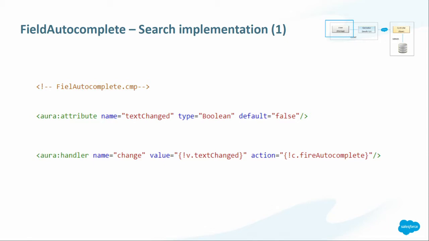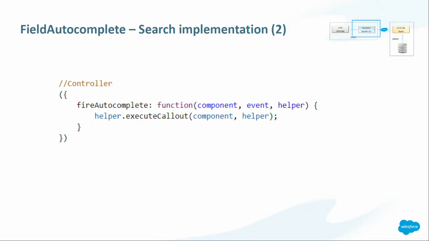So the way in which we've implemented this is by adding a new attribute to the view of the component, and this attribute is a Boolean, and we've also added a change handler to that attribute. What this does is every time you type, the value of that Boolean is changed, and that then triggers the action in the controller.